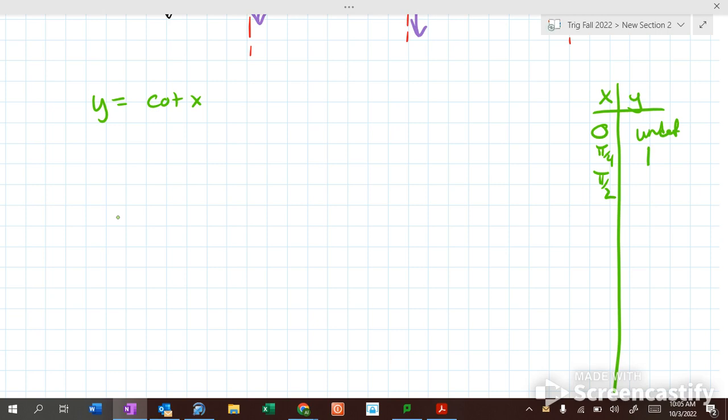Pi over 2. We have 0 divided by 1, which is 0. 3 pi over 4. Negative 1. Pi is undefined. 5 pi over 4. 1. 3 pi over 2. 0. 7 pi over 4. And then undefined at 2 pi.